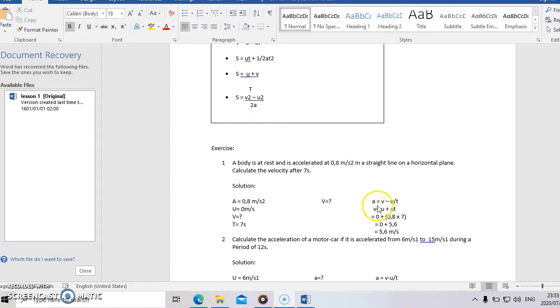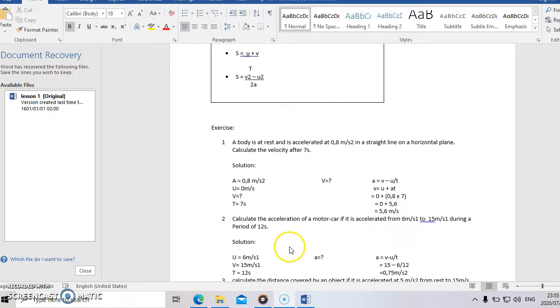So we take the t to the other side, and this gives v equals u plus acceleration times time. You put in the values: u is 0, acceleration is 0.8, time is 7, and we get 5.6. This is our velocity.